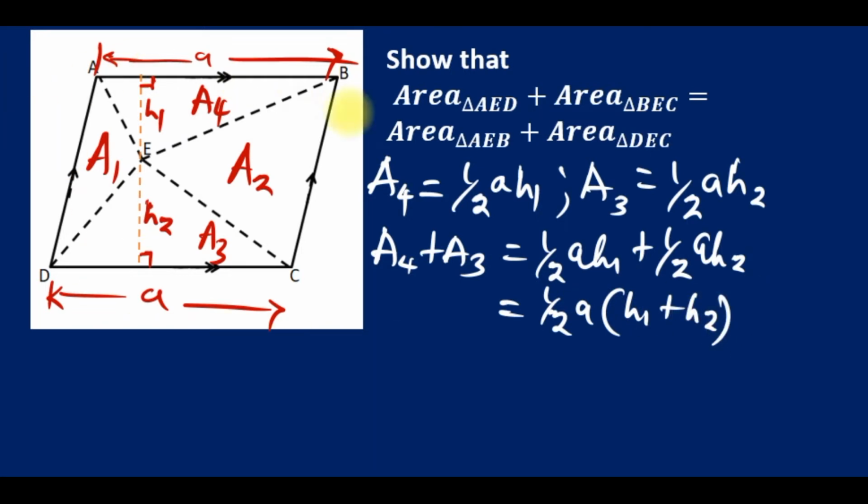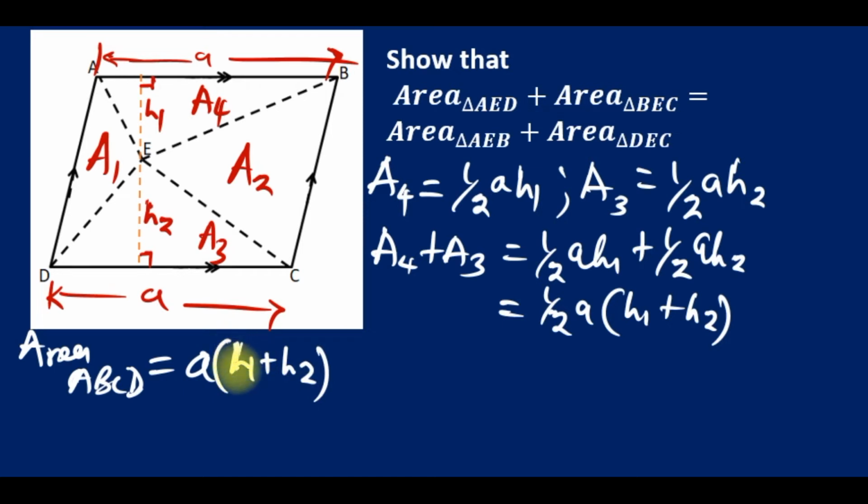But remember, this is a parallelogram. We know that the area of a parallelogram ABCD is always base times height. Our base is A, while the height is the sum of the heights of triangle EAB and the other, which is H1 plus H2.